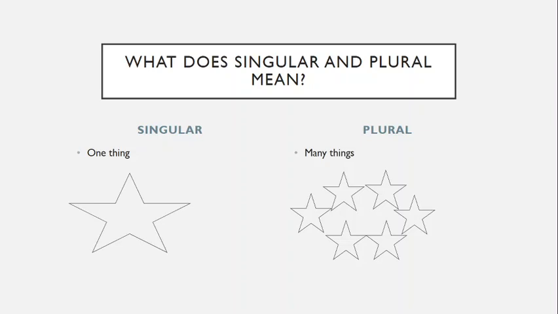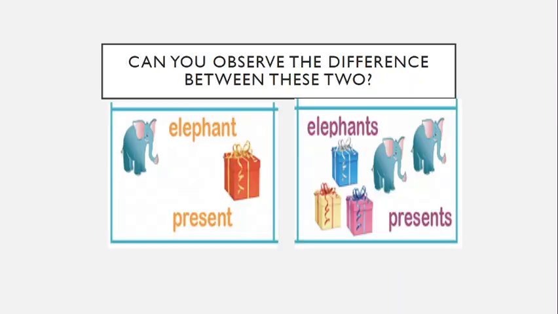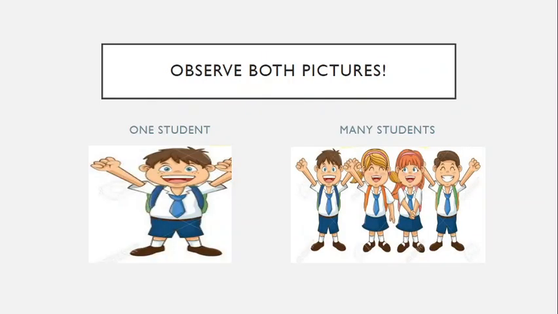Let's move to the previous slide and observe again. Here you noted down there is one elephant and there are two elephants. Here is one present, here are two presents. And again move to the previous picture. In this picture you can see one student, and in this picture there are many students. You're getting my point, students?